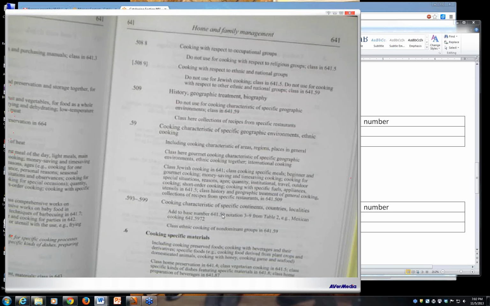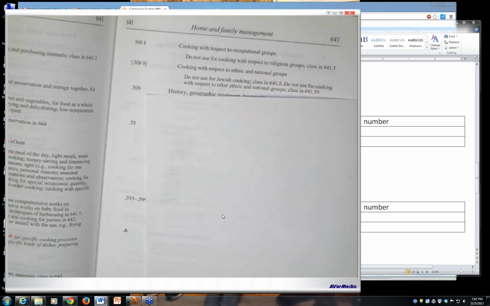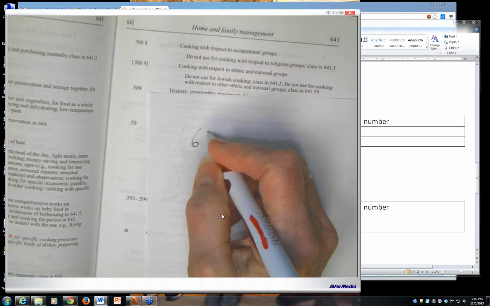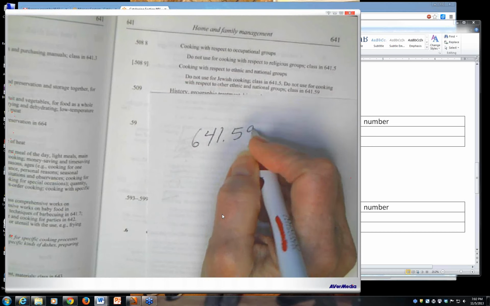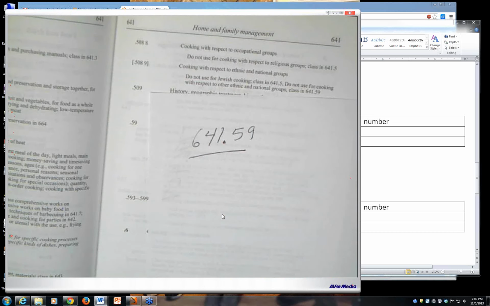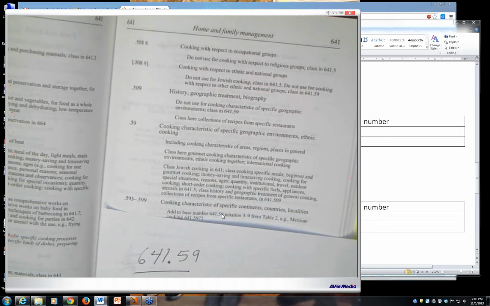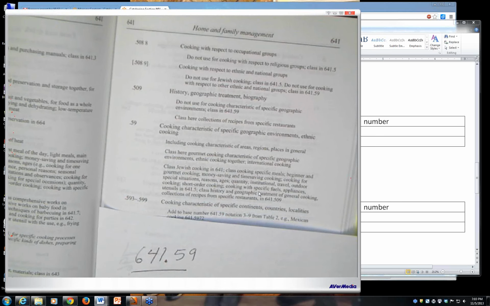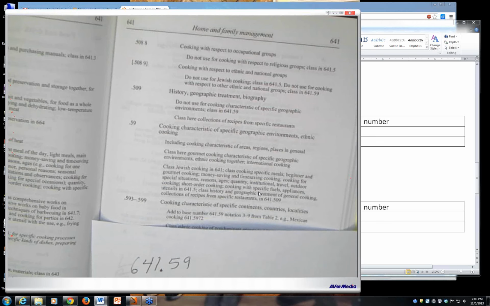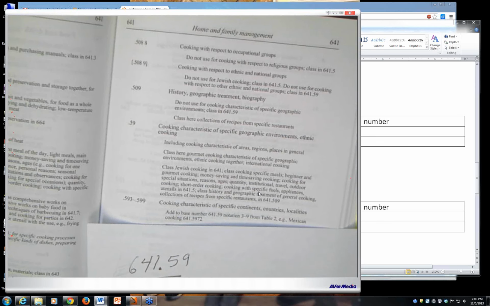Add to base number, stop, there's our magic phrase. 641.59 is our base number from the schedules, as it tells us right here. Add to base number 641.59 from Table 2. It even gives us the example of Mexican cooking.